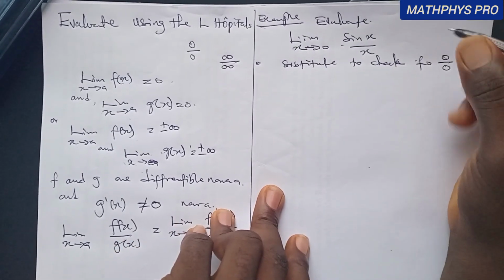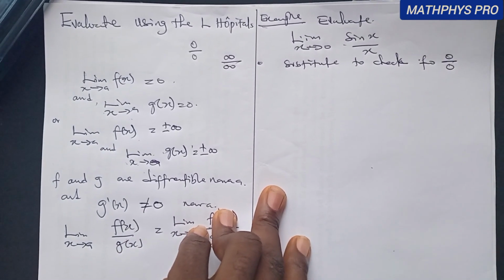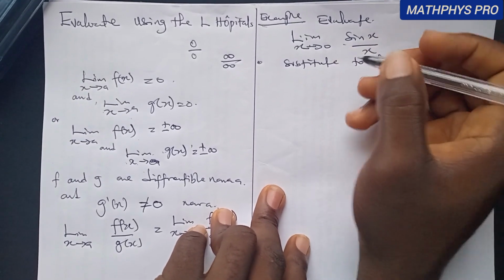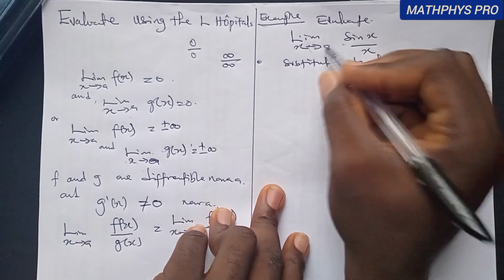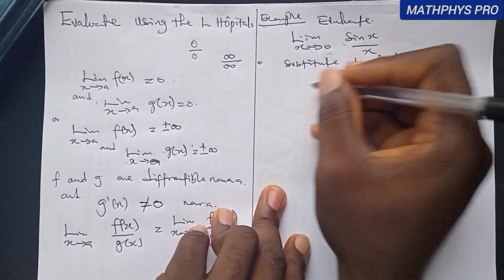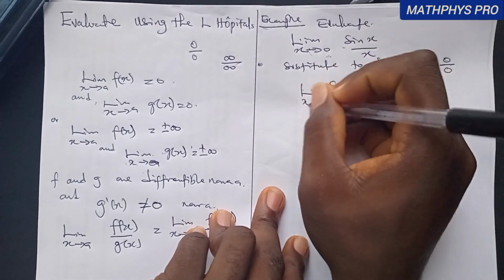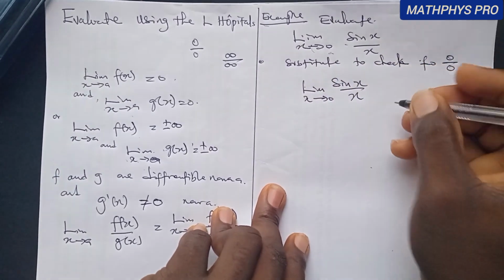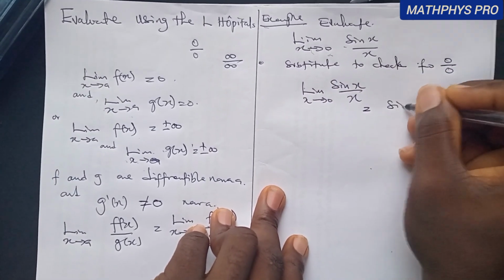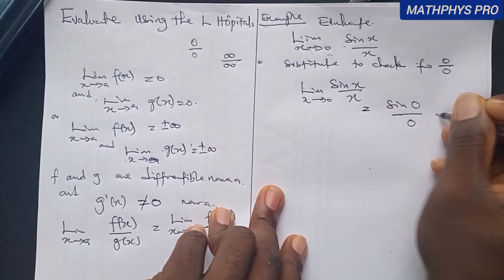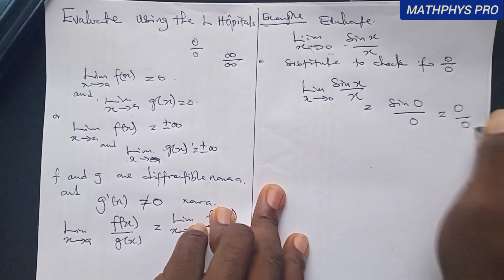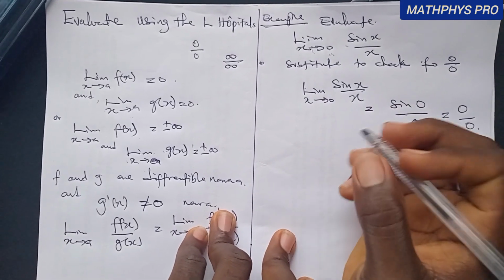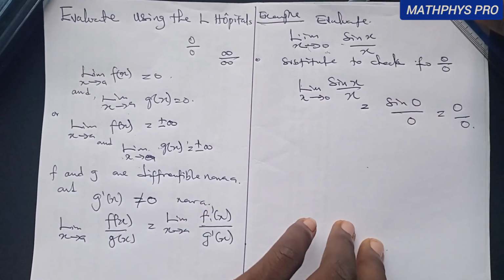If we substitute x tends to 0, the limit of sine x over x equals sine 0 over 0. Everything here will give you what? 0 over 0.